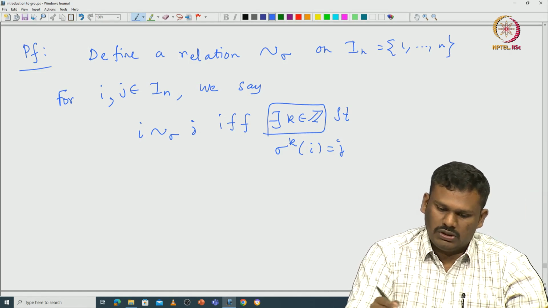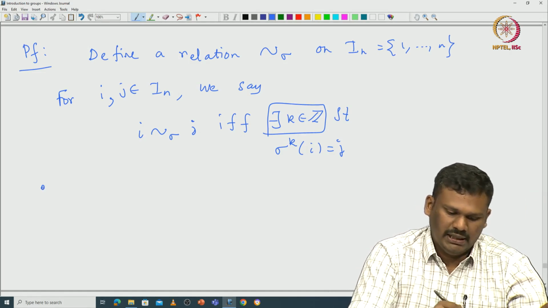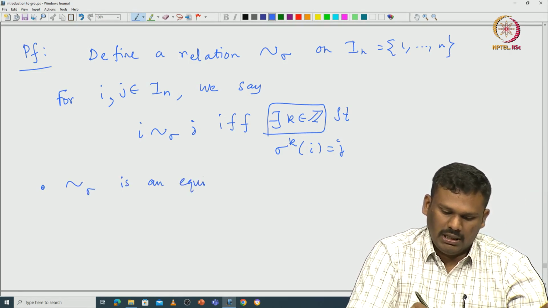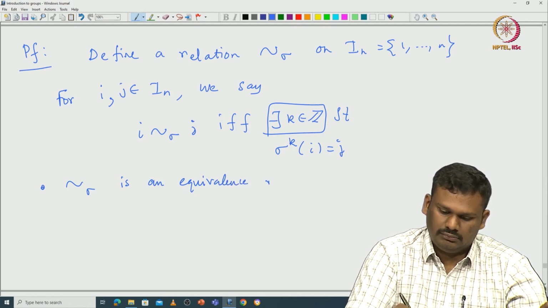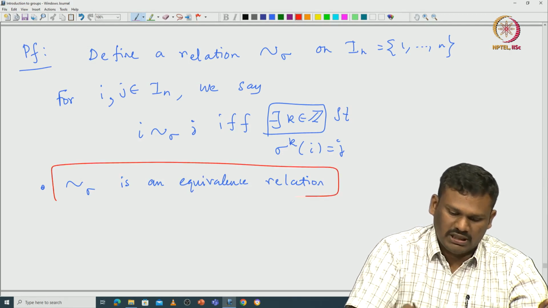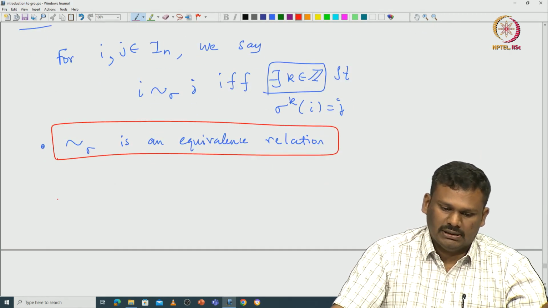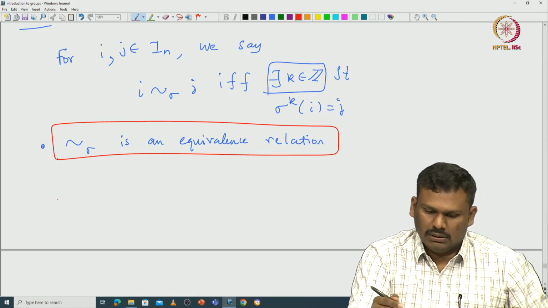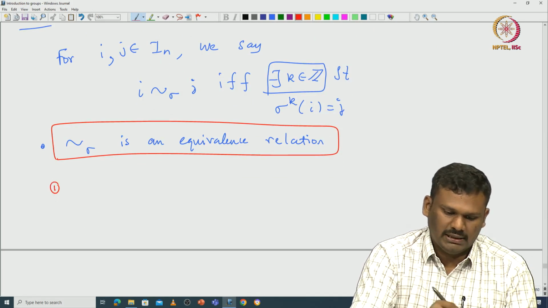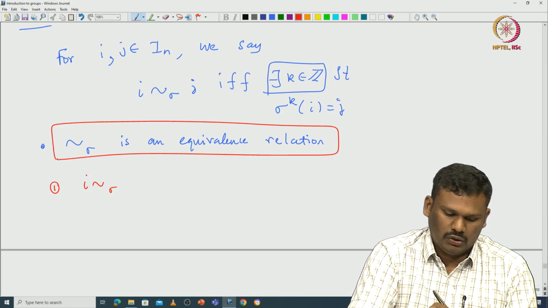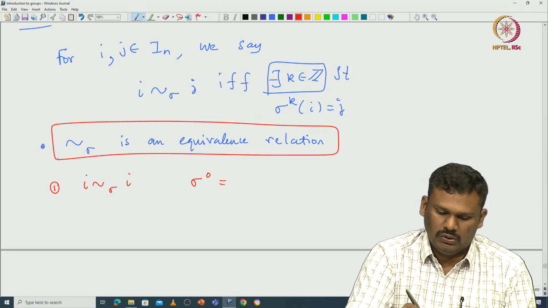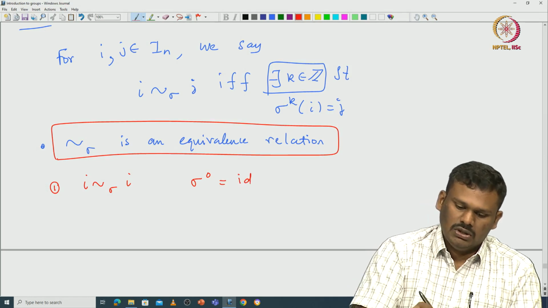Now, once you have defined this, you can check that tilde sigma is indeed an equivalence relation. We need to check three things. First, it is reflexive: i is related to i, by taking k equal to 0, since sigma to the power 0 is the identity.